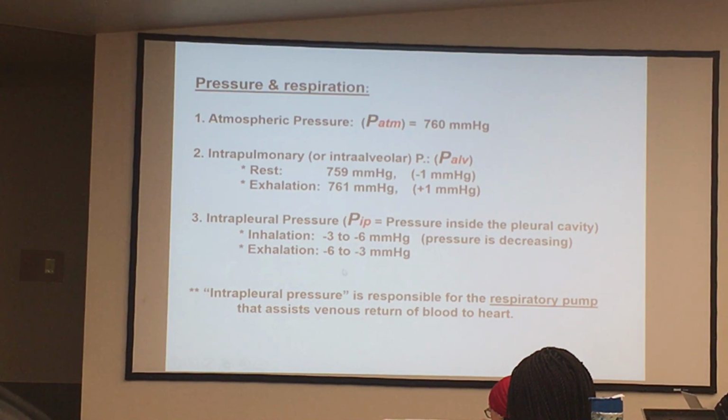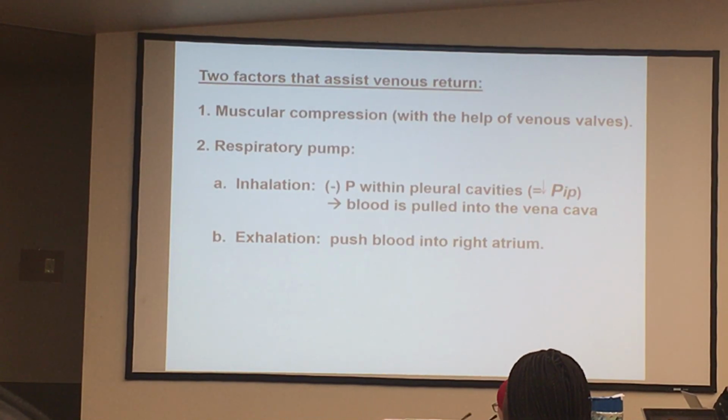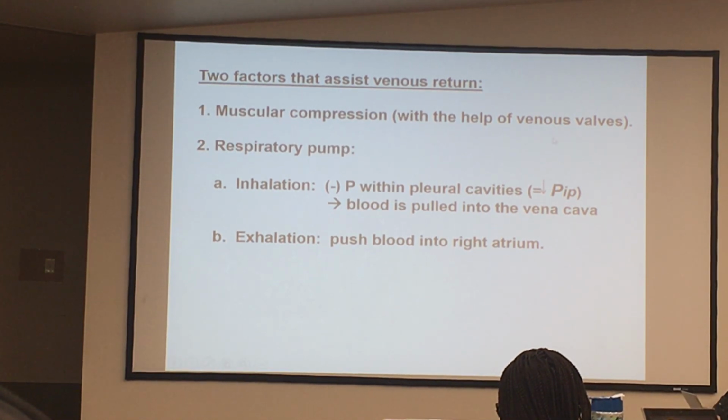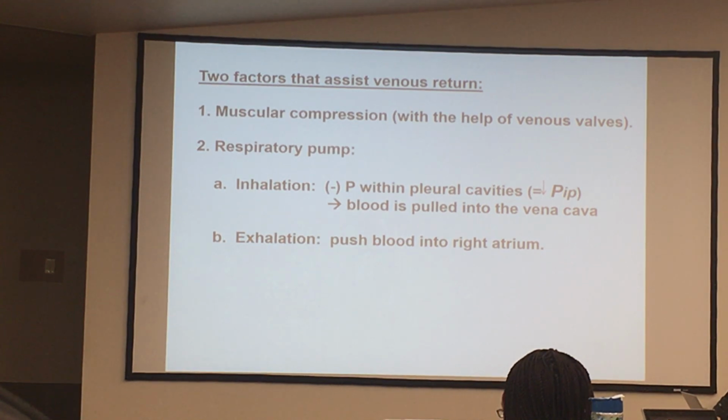And in the previous lecture, I mentioned that for blood return to the heart, we call it the respiratory pump because of this intrapleural pressure. Okay, maybe I had this slide. Previously I told you how we can help the blood from the lower limb to the heart: one is because we have venous valves, one direction, and muscle contraction, compression, helps them.